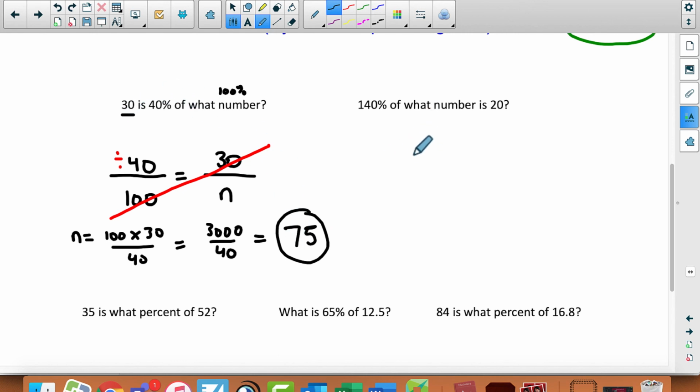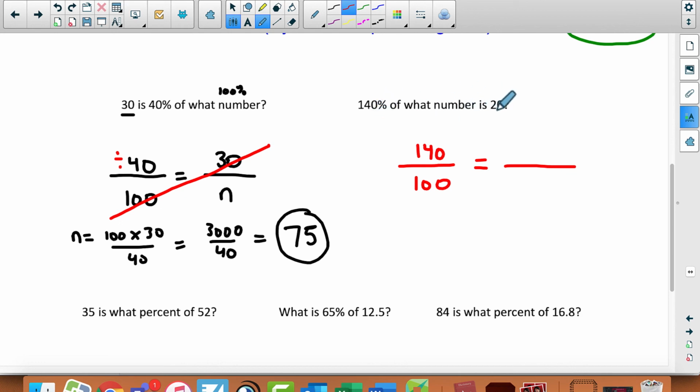Okay, let's do another one of those. Before I even read the question, I can put down my 100. Do we have a percent? We do. It's right here. It's 140%. Okay, 140% of what number is 20? So again, this is probably the most confusing of all because 20 is 140% of some number.